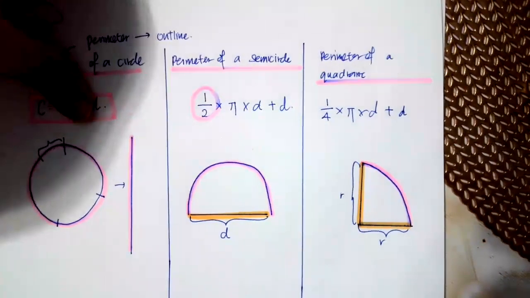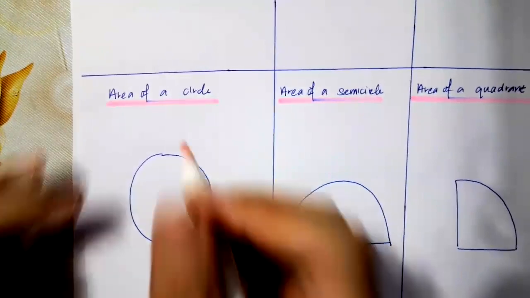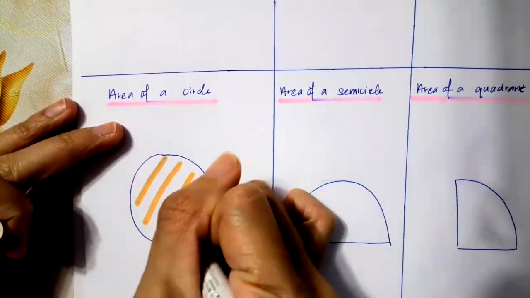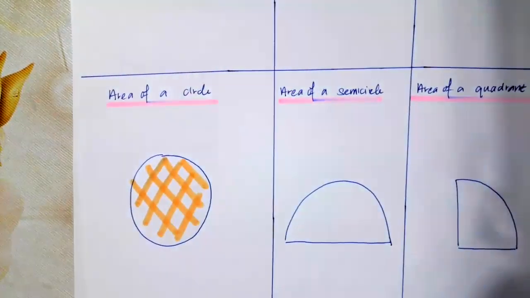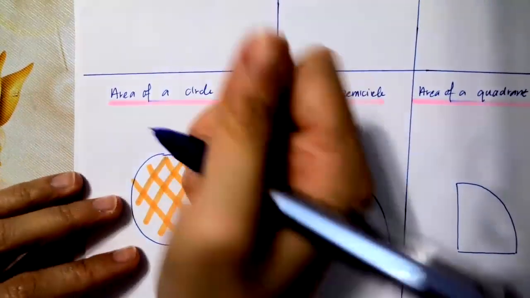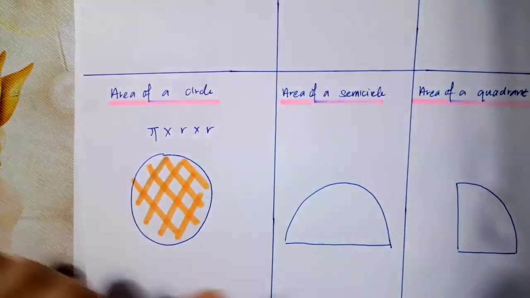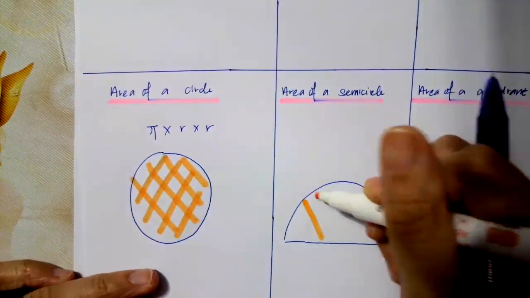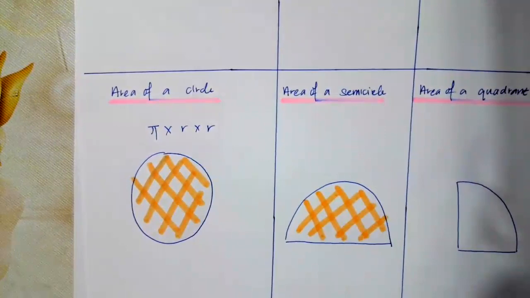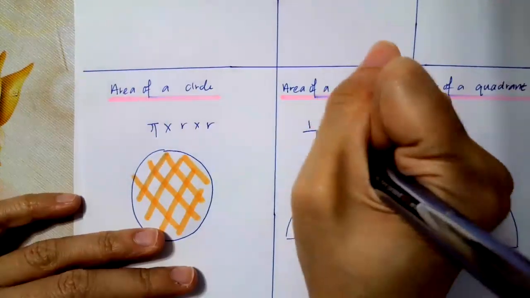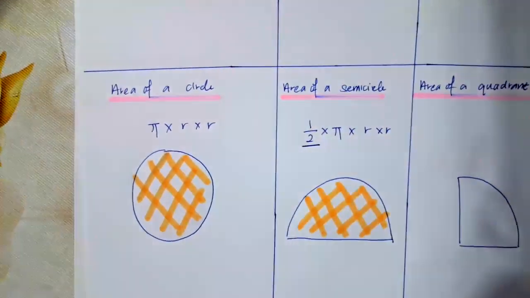Now next, for the area of a circle, you're finding the amount of space inside the circle, okay? So the formula for area of circle is pi times radius times radius. For a semicircle, which is half a circle, it's half times pi times radius times radius. Don't forget your half.